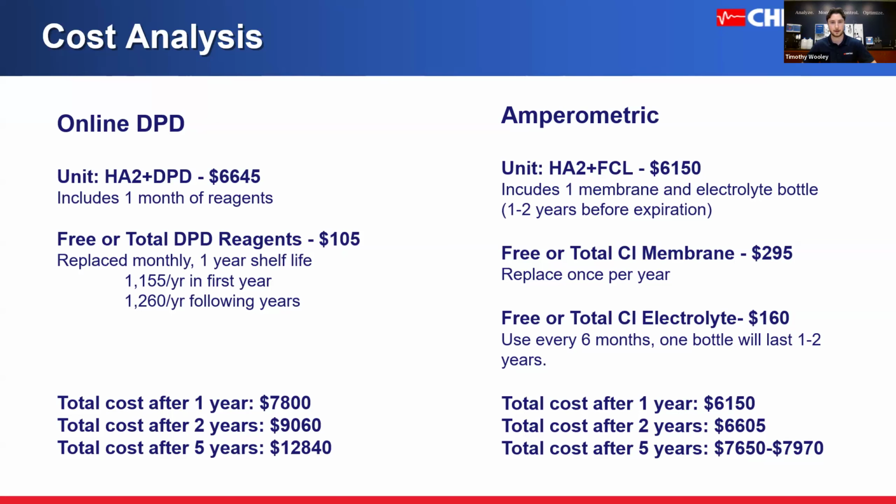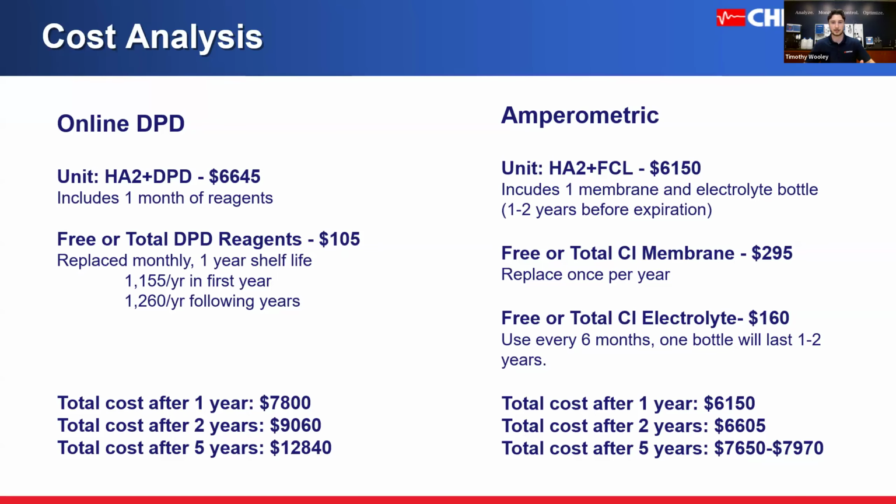Comparing that to the amperometric probe, it does have a lower initial cost, about $6,100, and that comes with a membrane and electrolyte, which will be good for about a year to 2 years. And then replacing those is about $295 for the membrane, about $160 for the electrolyte, but those will need to be replaced much less often.